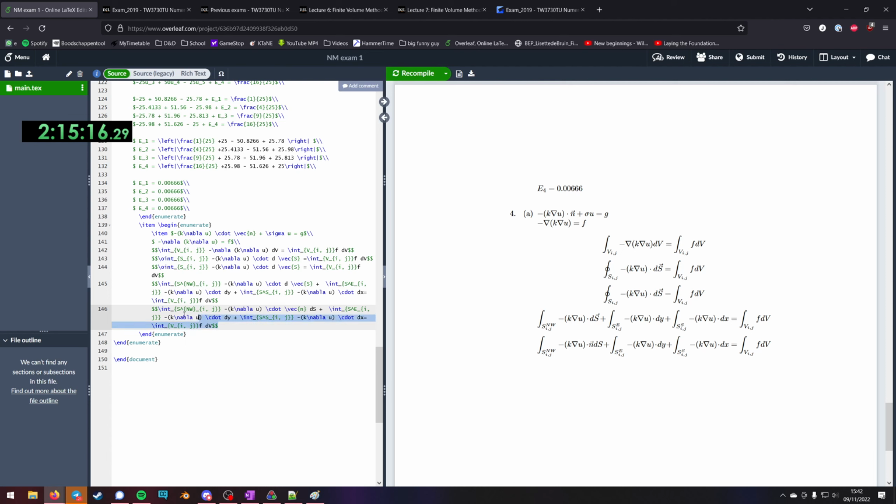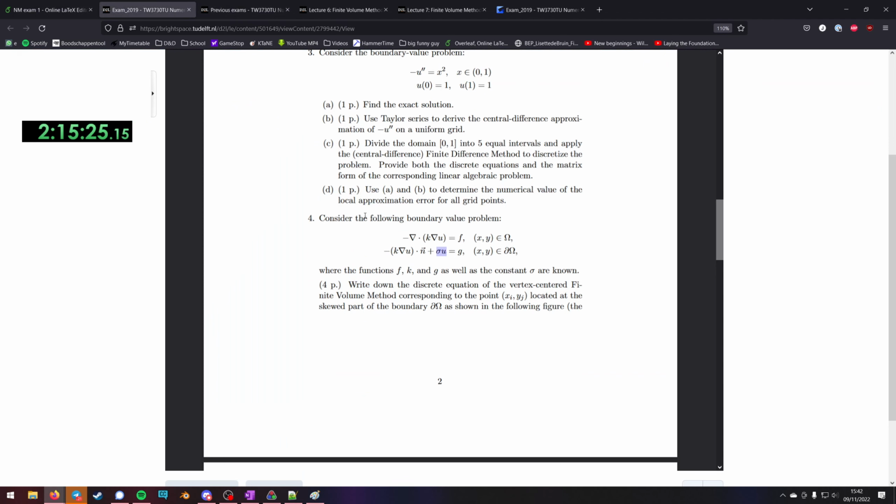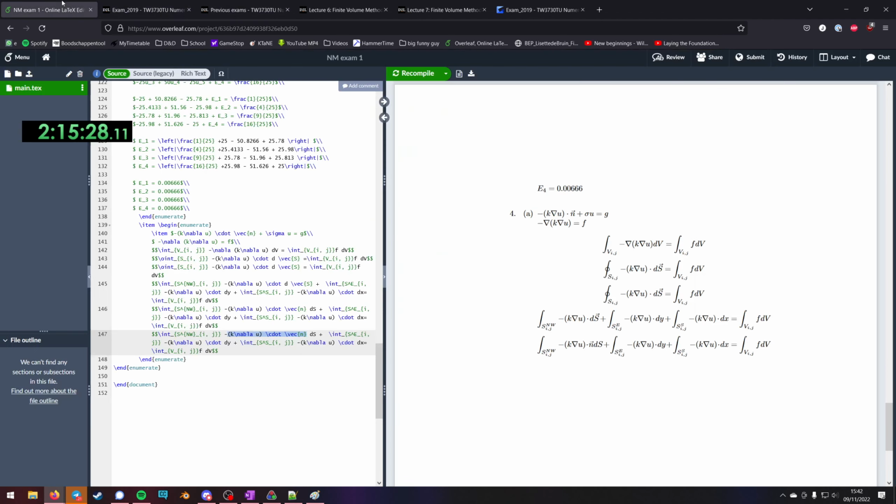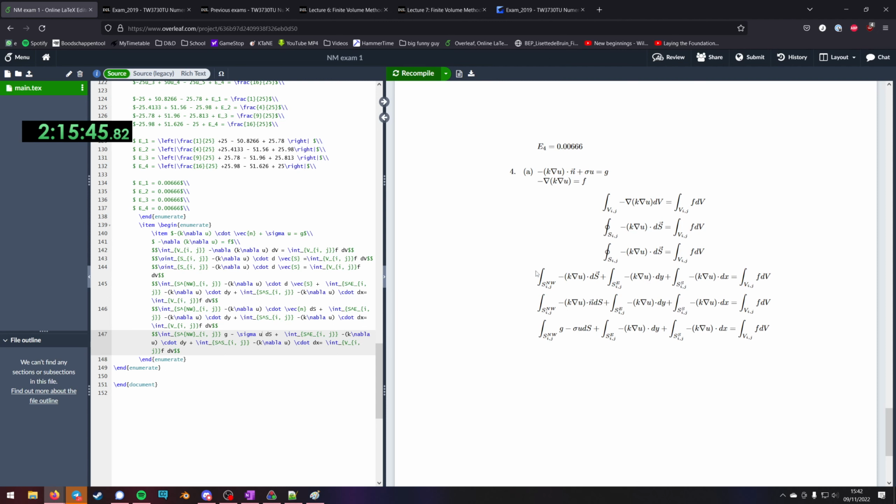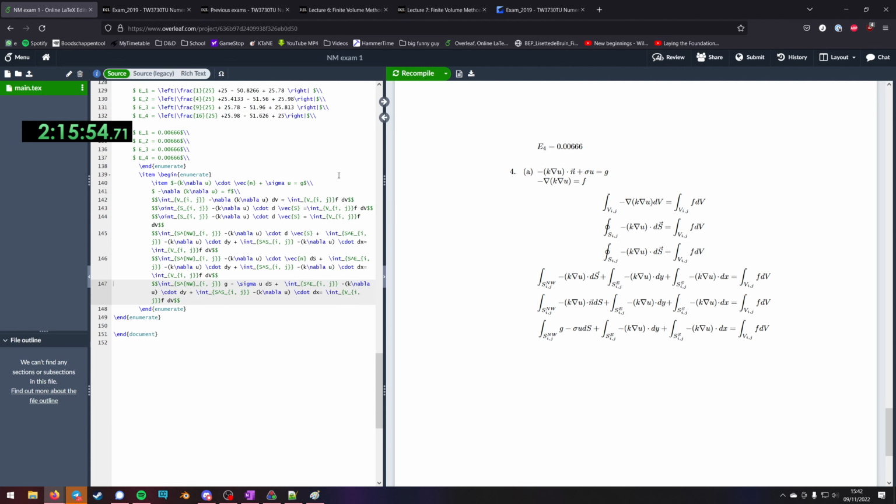And then this inner part, because we know that this is on the boundary, and on the boundary this thing holds, so it's g minus sigma u. So we know that this is g minus sigma u ds.